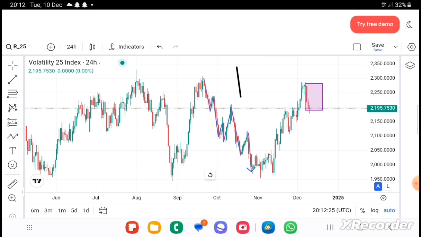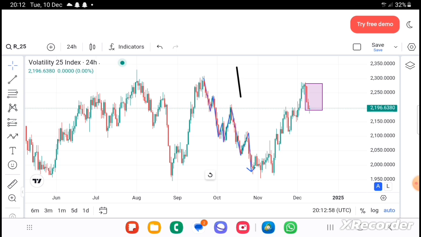But as it stands now, this candle that has closed, more than 50%, has already shown us what it wants to do, because we can see a massive break of structure to the downside. So that's what to look out for, and then you can take your sell.